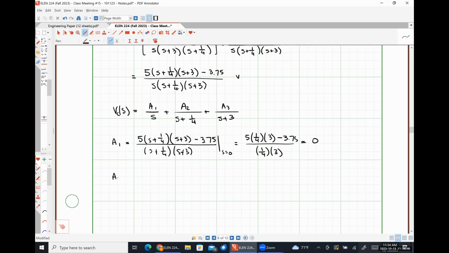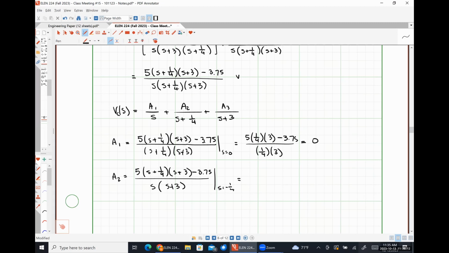For A2, we are going to have 5 times s plus 1/4 times s plus 3 minus 3.75, divided by s times s plus 3. All of this is evaluated at s equal to negative 1/4.